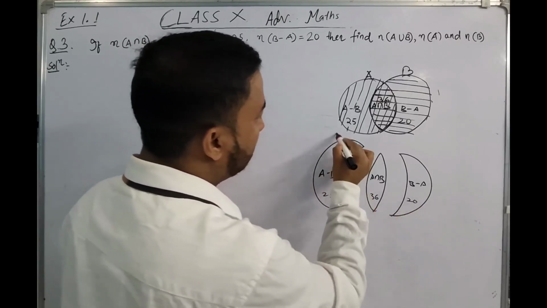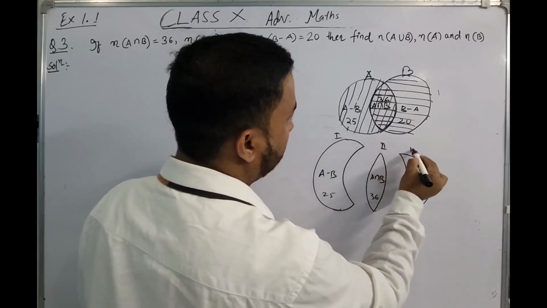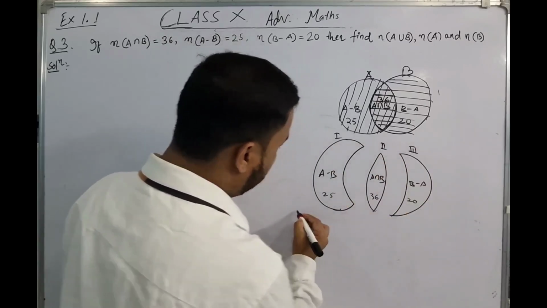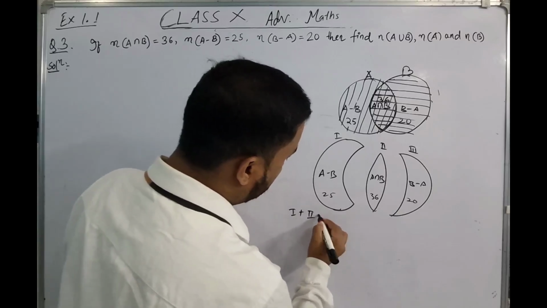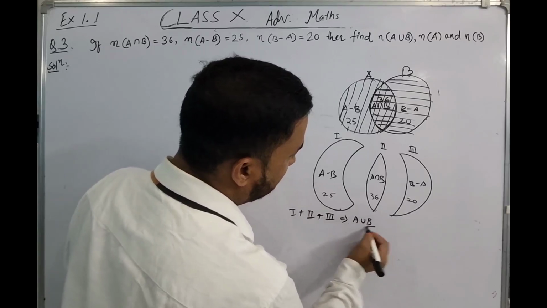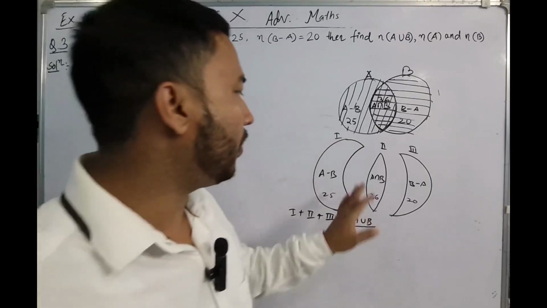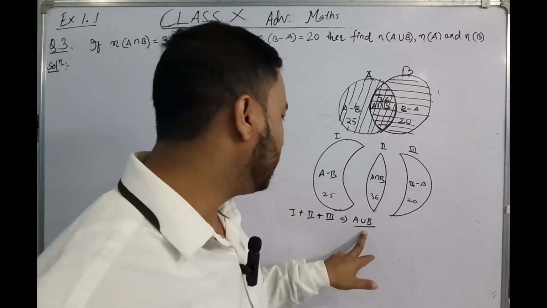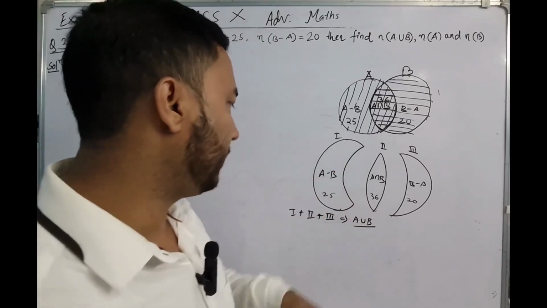Now, what is A union B? This is part 1, part 2, and part 3. If I add part 1 plus part 2 plus part 3, then we will have A union B. To get A union B, we have to add all these things. In case of sets, adding means we have to take the union.